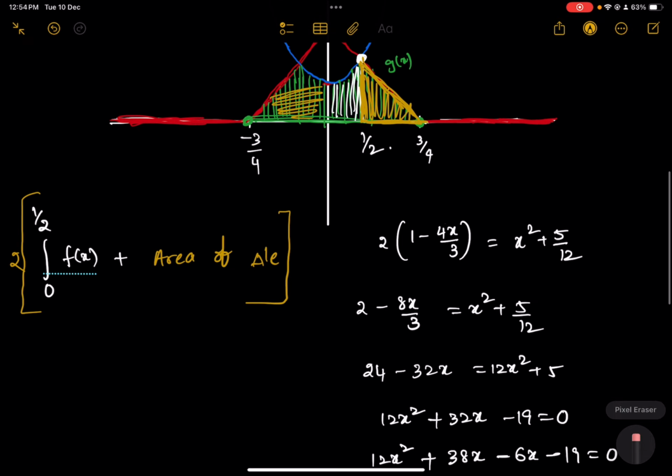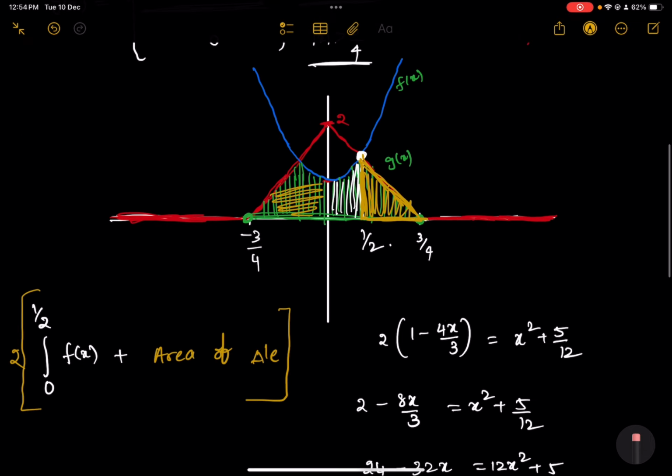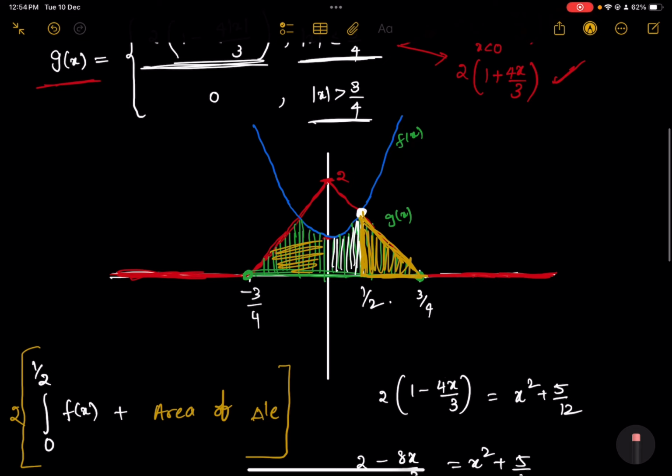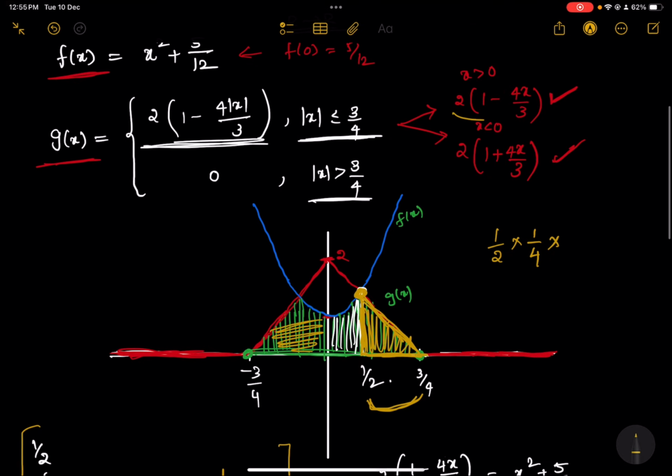Okay, now let us find out the area of the triangle. It is a right angle triangle, so the area will be half into base, which is 3 by 4 minus 1 by 2, that is 1 by 4, into height. The x is 1 by 2, so from this equation we can find out what y is. 2 into 1 minus 4 into 1 by 2 by 3, that is 2 into 1 minus 2 by 3, which is 2 into 1 by 3, so 2 by 3.